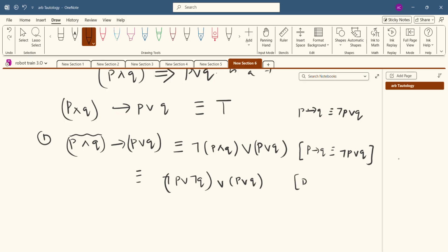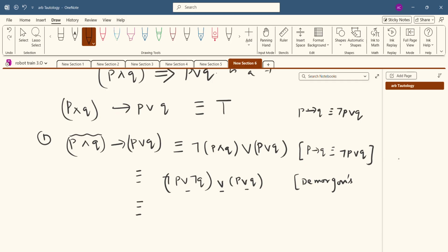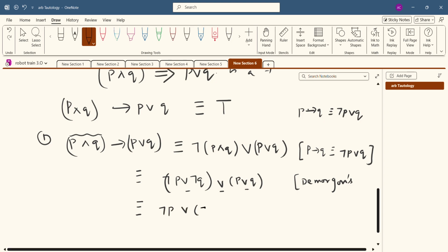Here I am going to apply De Morgan's law. This is also the same as, see here all connectives are the same, so I am going to apply the associative law. Negation P union negation Q union P union Q. Here I am going to apply the associative law.